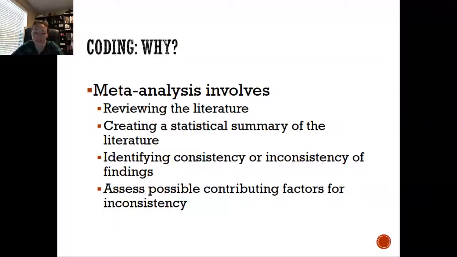So if we find that the effect size really varies across the literature, we want to do some further investigating into that, if we've coded some things that can help us to look at that and see what that difference could possibly be attributed to. And there's a lot of possibilities as to how we can do that, and we'll talk about those as we continue.